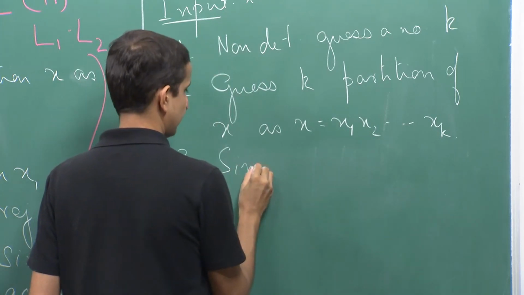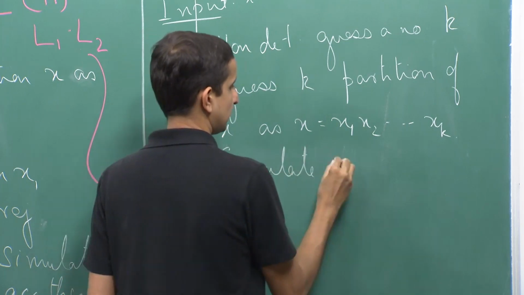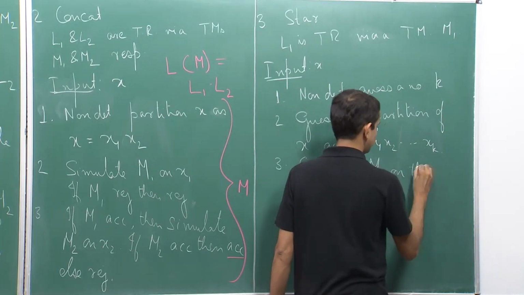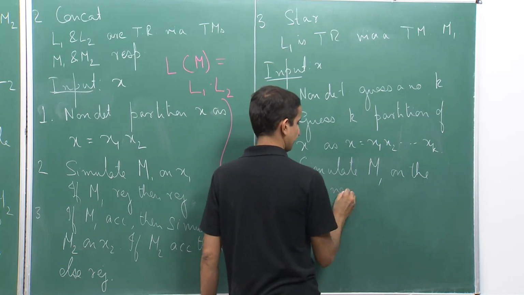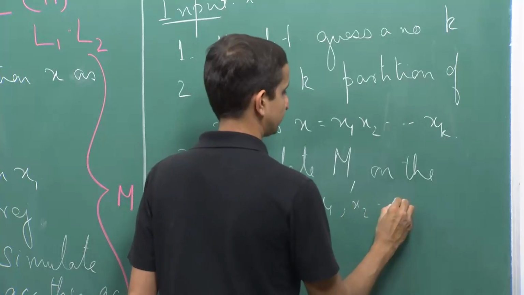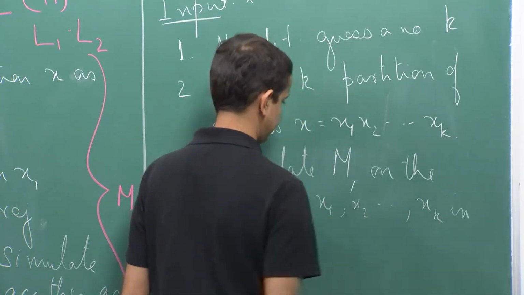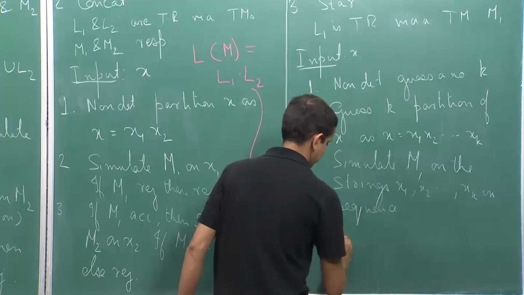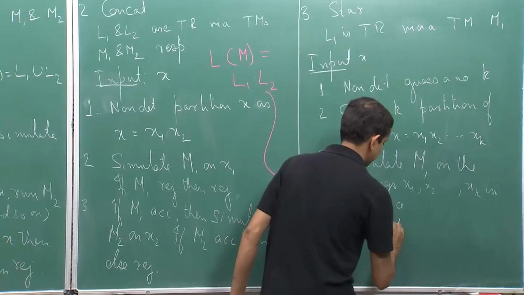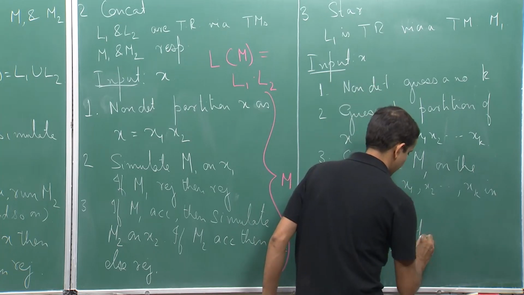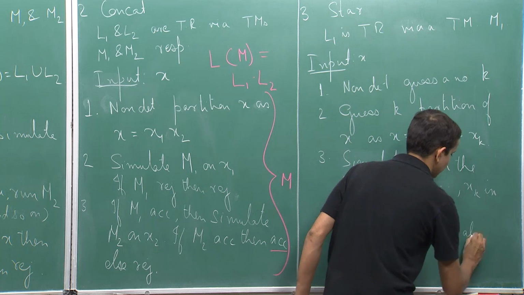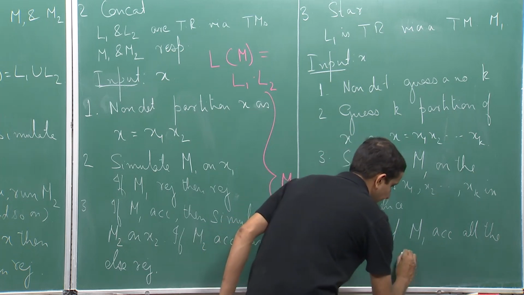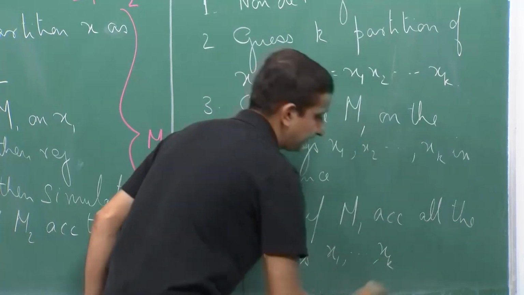So, simulate this machine M1 on the strings X1, X2 up to Xk in sequence, and accept X if M1 accepts all the strings X1 through Xk.